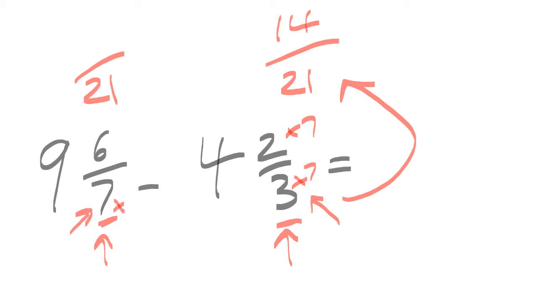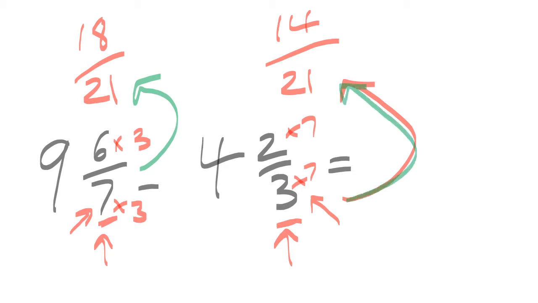7 times 3 equals 21, so whatever you do to the bottom, you've got to do to the top. So 6 times 3 equals 18. That's like saying that 6/7 equals 18 21sts, and it does. And 2/3 equals 14 over 21, and they're both equivalent.